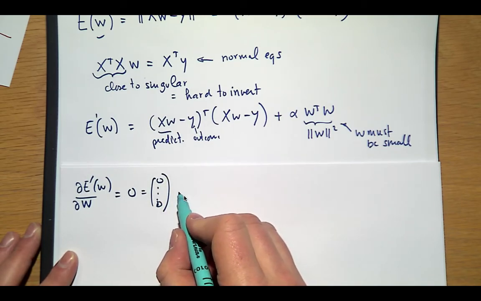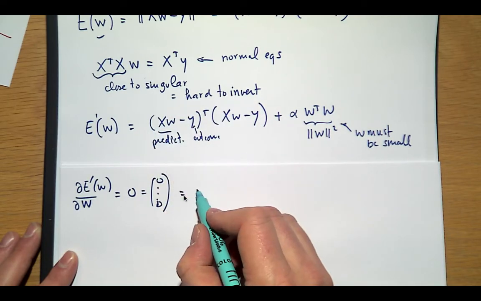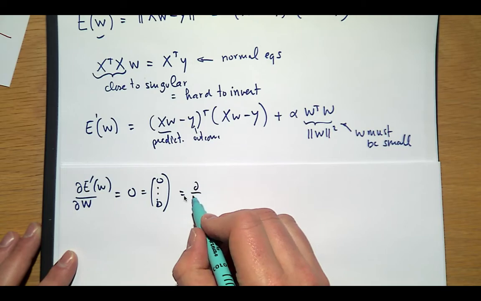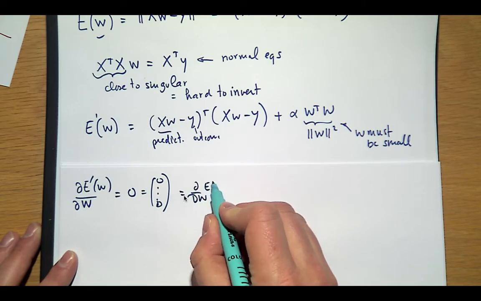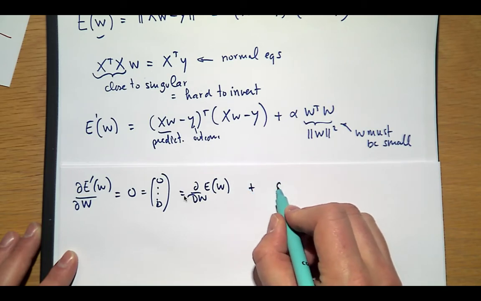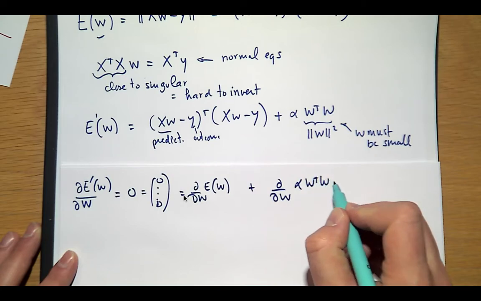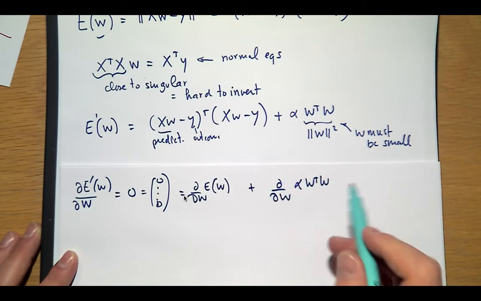The gradient of this expression is the gradient of the original loss function plus the gradient of this extra term, which is called the regularization term.